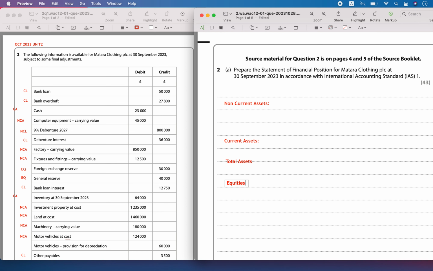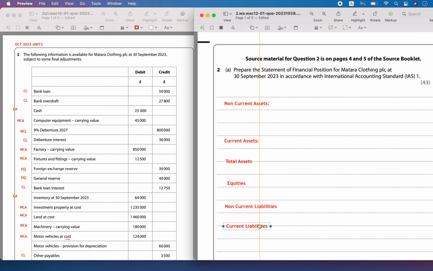So it is going to be equity, then you will have non-current liabilities, and the current liabilities section.